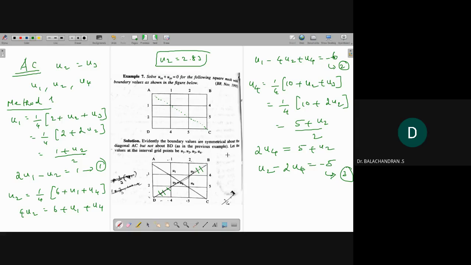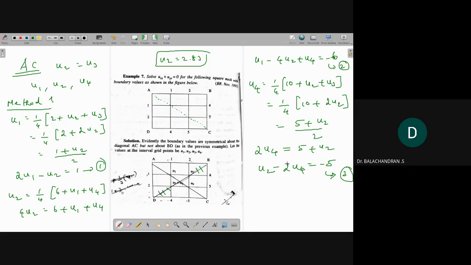So here we have U1, U2, U4. Here we have U2, U4. Try to eliminate U1 from 1 and 3. If you eliminate U1 from 1 and 3, you'll get U2 and U4.